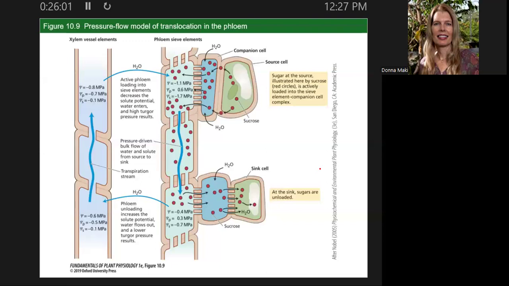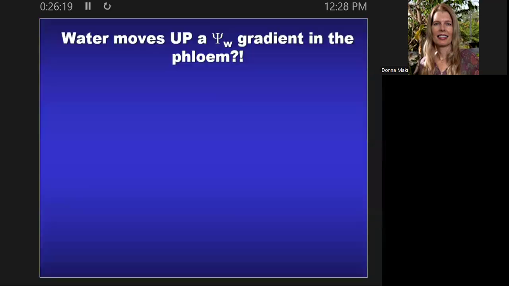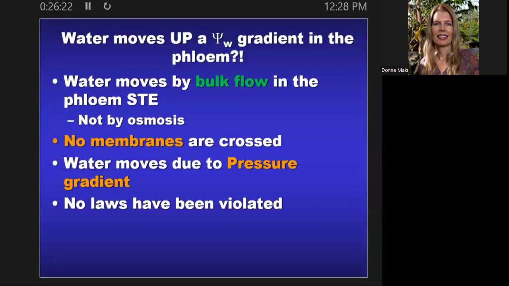There's no membranes being crossed. Once it's in the sieve tube element, there's nothing there for the water to cross. There's no membrane. And so it's not an osmosis question. It's just the pressure gradient. Okay, so we're not violating any laws of water potential or osmosis. So once the sugar's in the sieve tube element, it's a pressure gradient you need to think about.